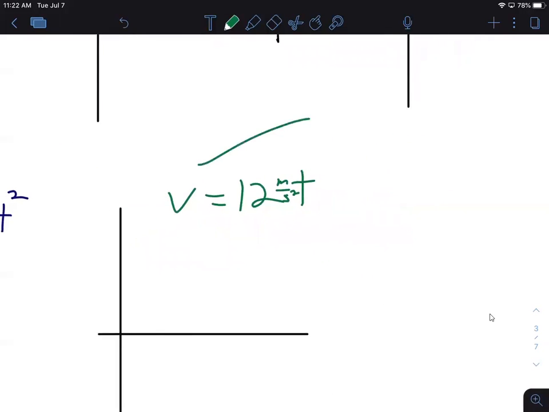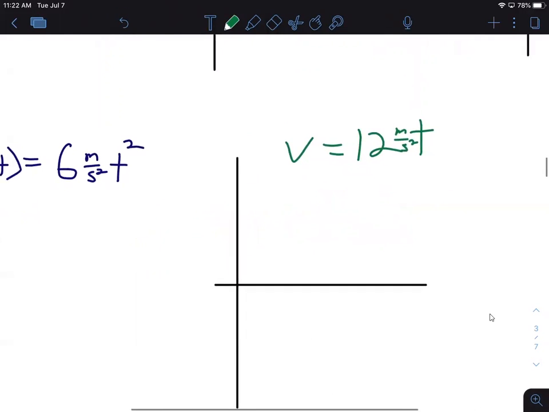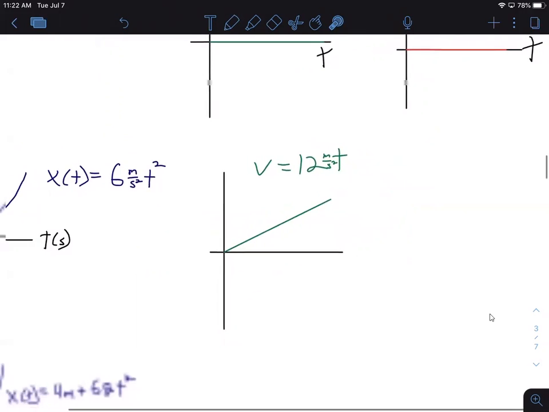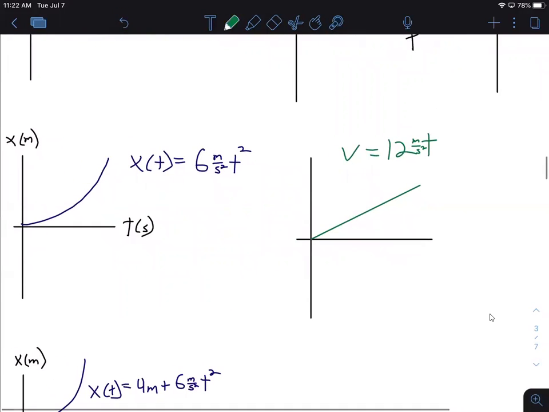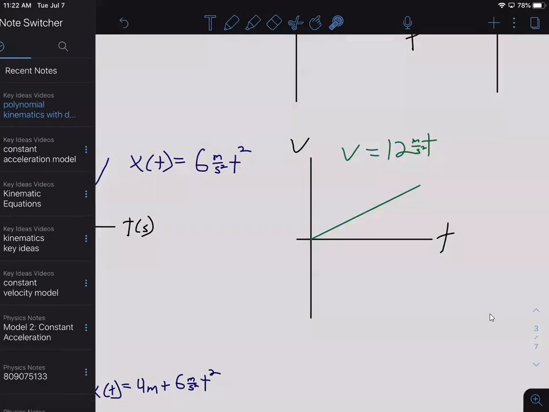Keep the units. All right, cool. And what does that look like? Well, that's linear. Yes, this is the constant acceleration case. So we'll notice some things. No velocity at t equals 0, which makes sense looking back at our position graph. Right here, the slope is 0, and it's becoming more and more positive.